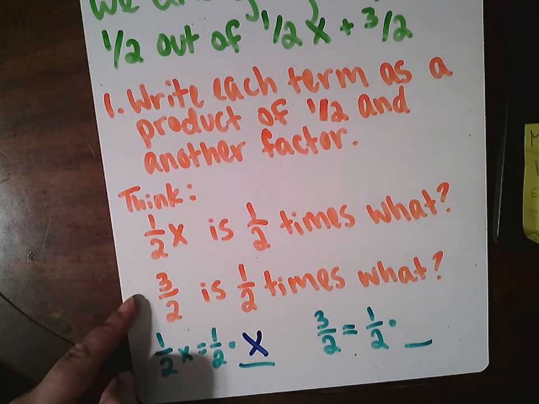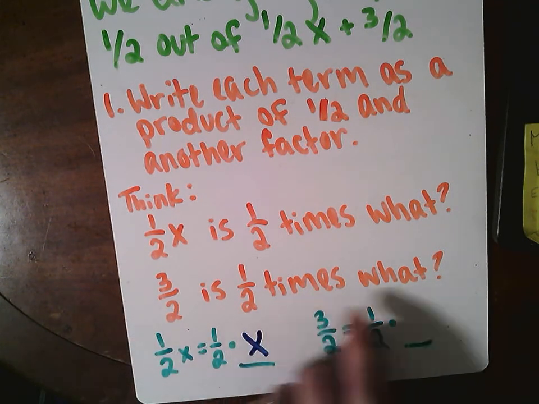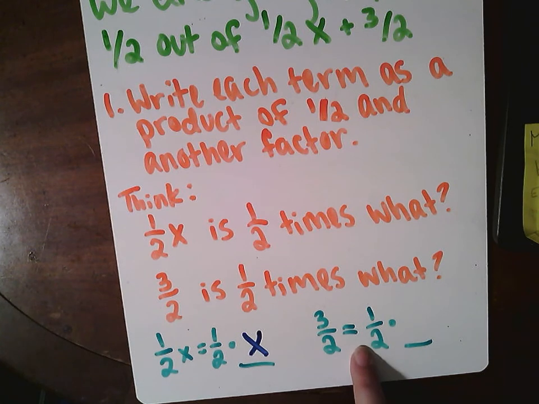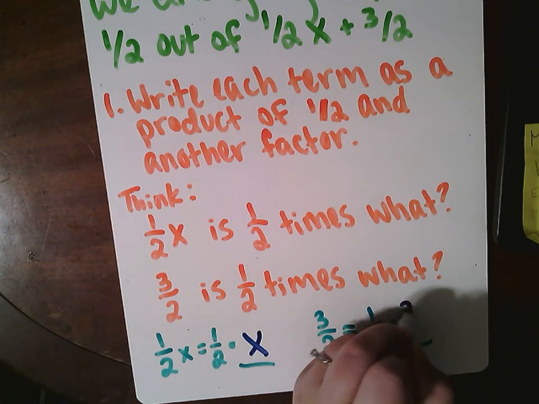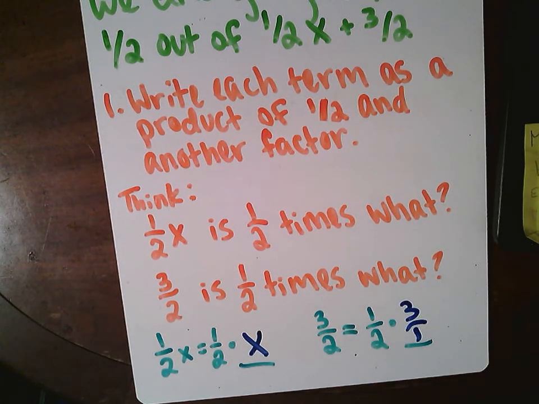Then we're going to look at 3/2 is 1/2 times what? If I break this down, it would just be 1/2 plus 1/2 plus 1/2 gives us 3/2, or 3/1. So 1 times 3 is 3, 2 times 1 is 2.